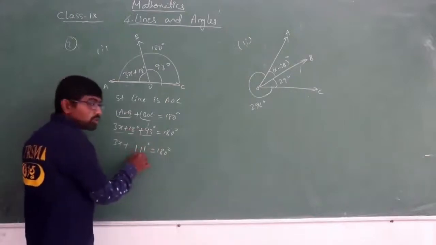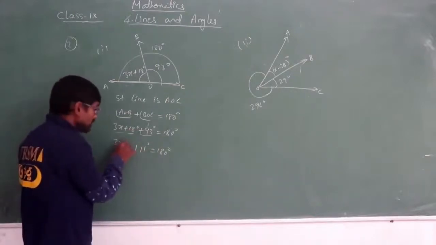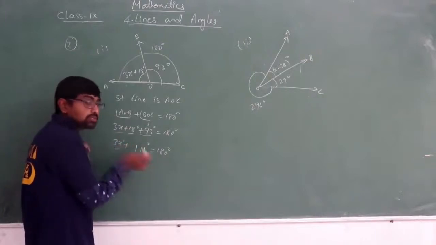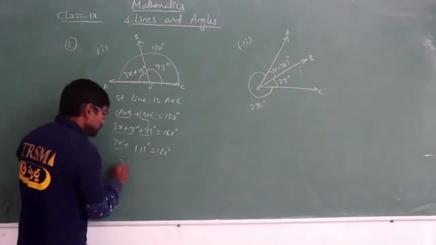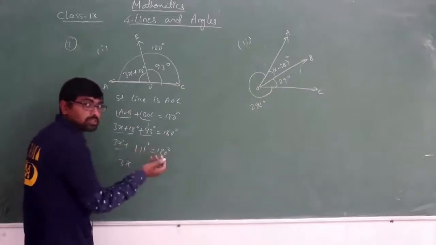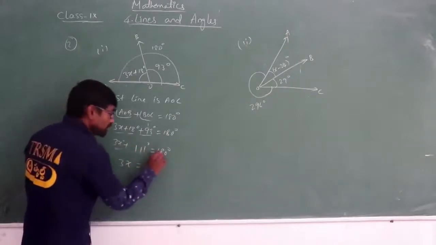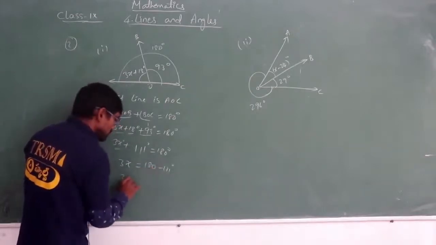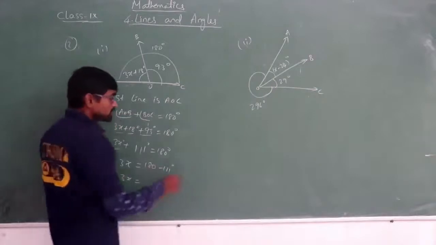So these we have to remove. Why? Because here we have the variable x. So for removing this we have to take the additive inverse, we have to subtract, isn't it? So here 1 minus 1 is 0. Here 180 minus 111. So 3x is equal to 180 minus 111.